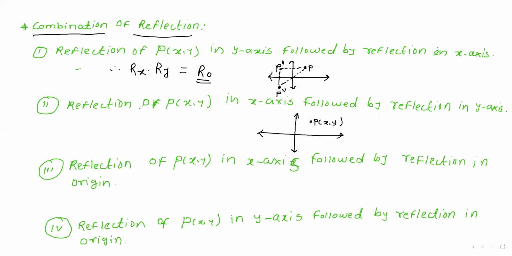First reflection in x axis, so this will come here, P dash, x will be the same, y is going to change, and again reflection along y axis, so P double dash, and both coordinates will be negative.